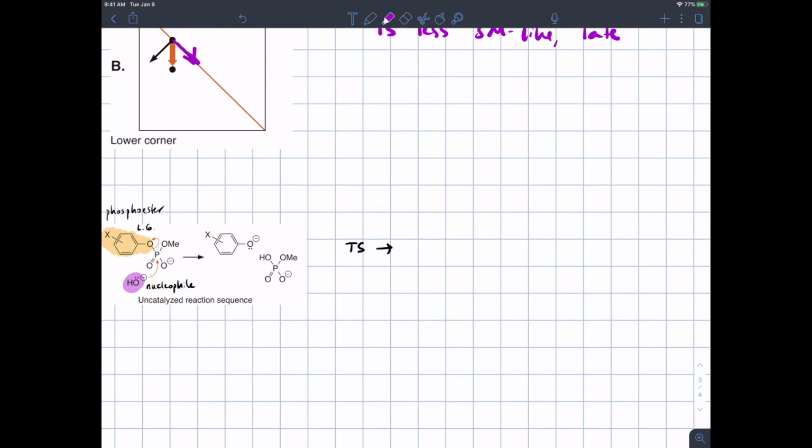So at the transition state, the leaving group was 37% gone, and there was substantial bond formation between the OH and the phosphorus.